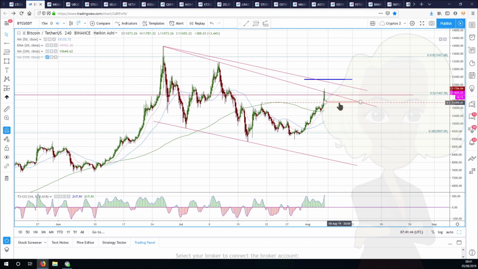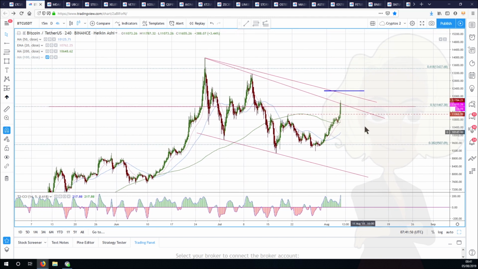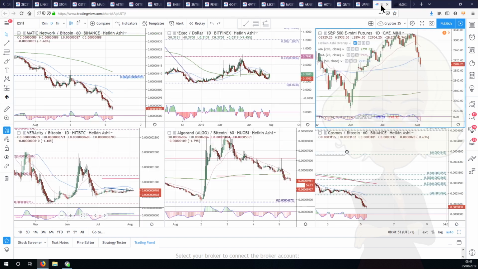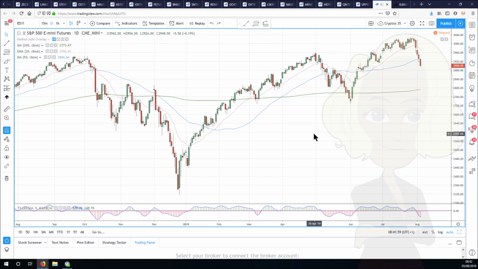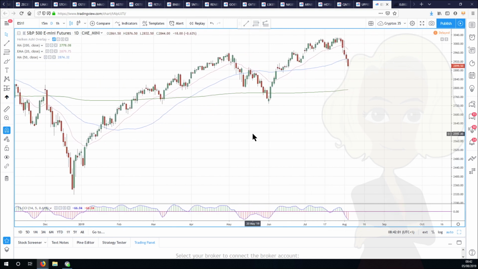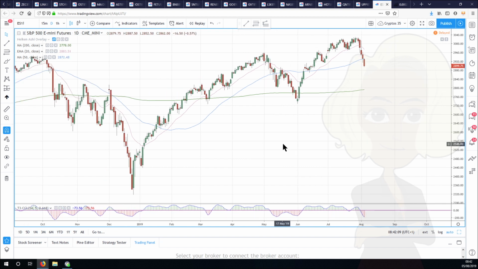With Bitcoin, what I've been particularly impressed with today is not just how it's been trampling all over the alts, but in stock indexes, we've had some really nasty moves, and we've seen it before where really nasty moves in stock indexes of that kind of bearish sentiment has rolled over into Bitcoin, especially when there was more active crypto trading in China.